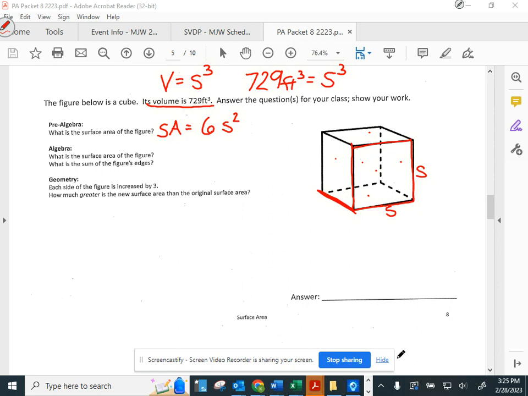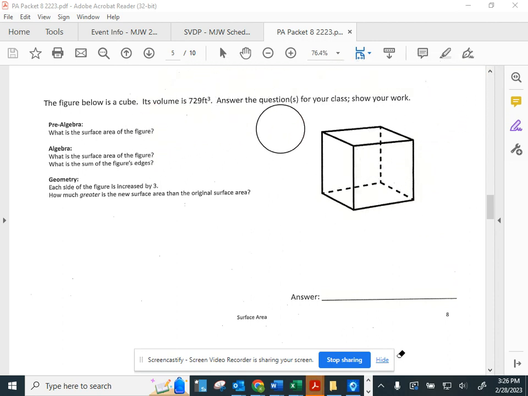So if you find out 729 equals side times side times side, if you could figure out what that side is, you're going to use that in this formula. You're going to square that side and then multiply it by 6 to put your answer down below. When you do this one, it's really going to help you on the next page. Let me show you why.